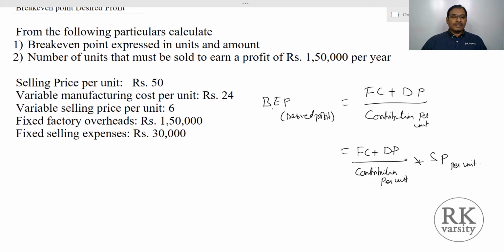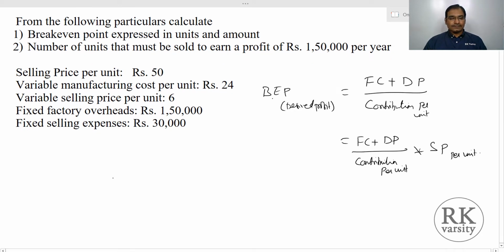Here is an example based on which you need to calculate break-even point expressed in units and amount, and the number of units that must be sold to earn a profit of rupees 1,50,000. So you need to calculate two things. First, the selling price per unit equals rupees 50.